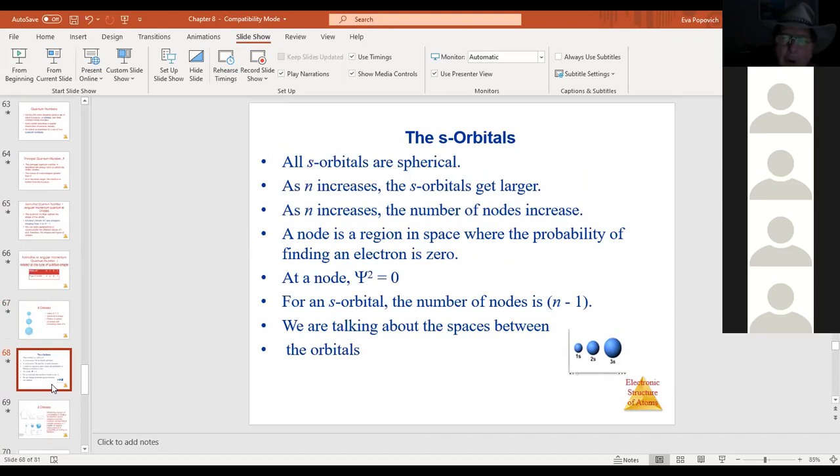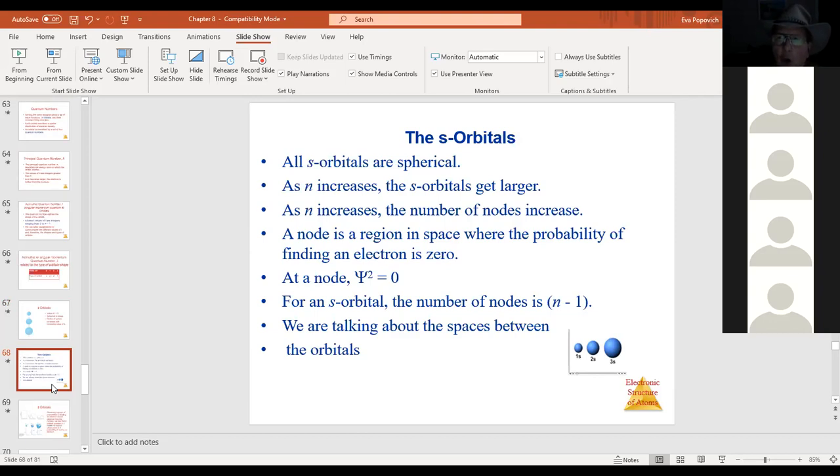Now, remember I told you we had constructive interference in which the wave got higher, and we had destructive interference that the wave went to 0. Do you remember that? Yes.